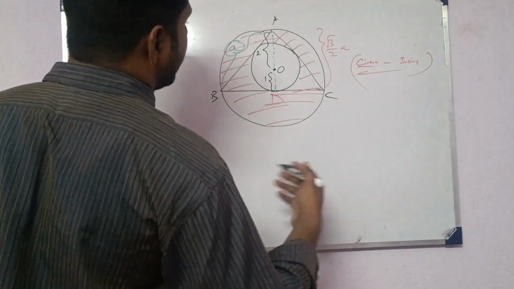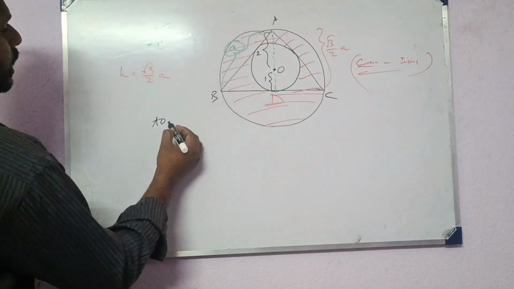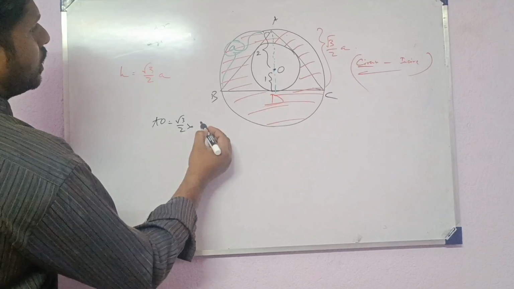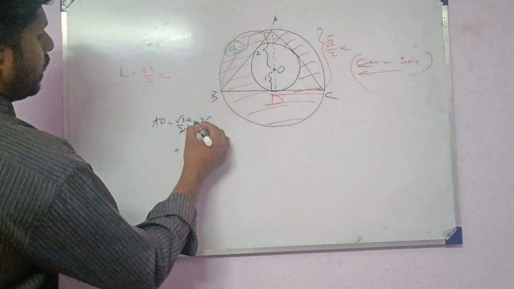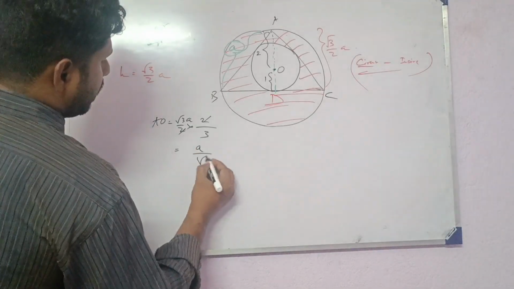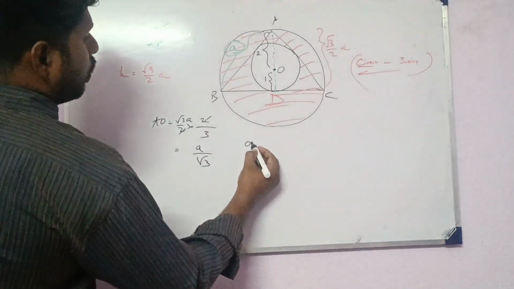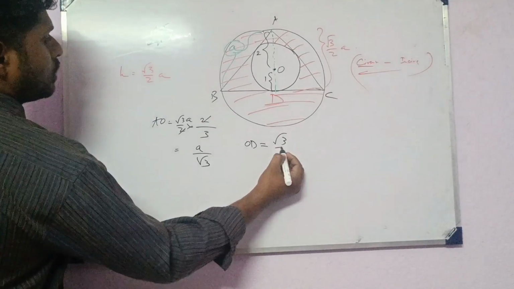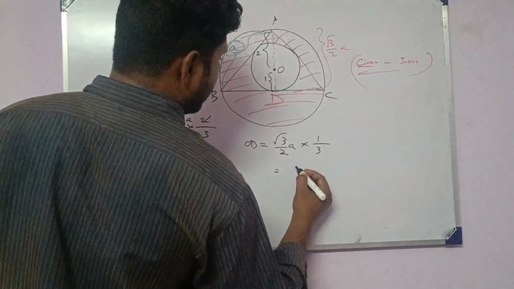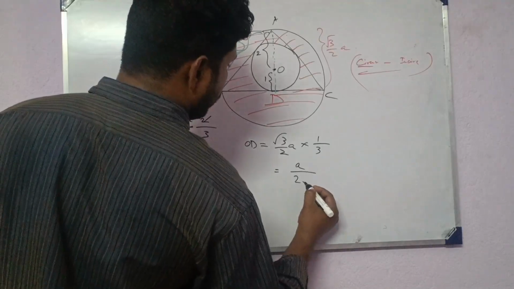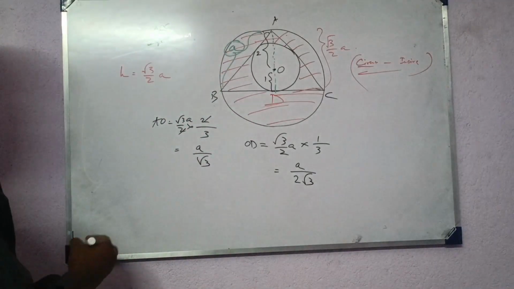So we have to find AO and OD. AO equals root 3 by 2 a into 2 by 3, so that will be a by root 3, and OD equals root 3 by 2 a into 1 by 3, that is a by 2 root 3. We have got AO and OD.